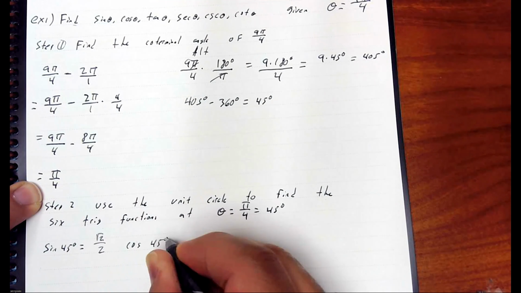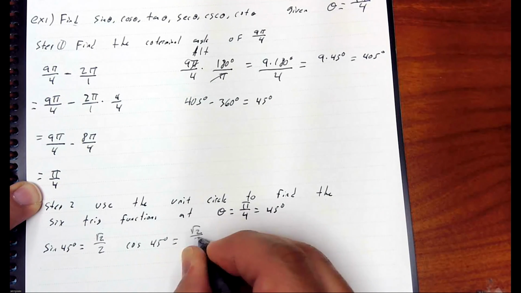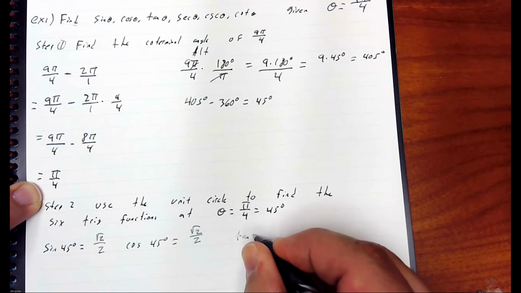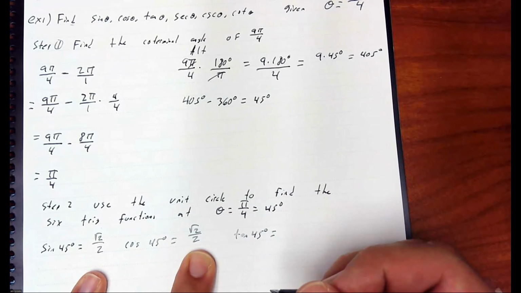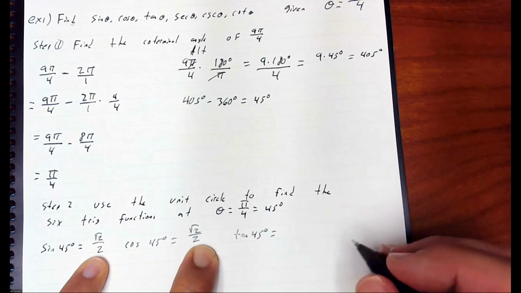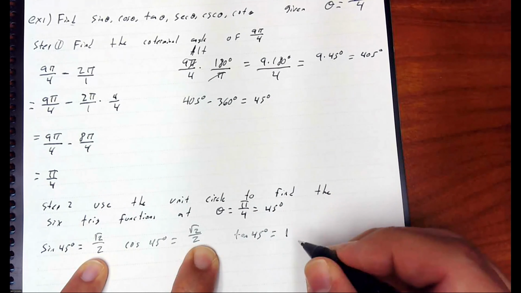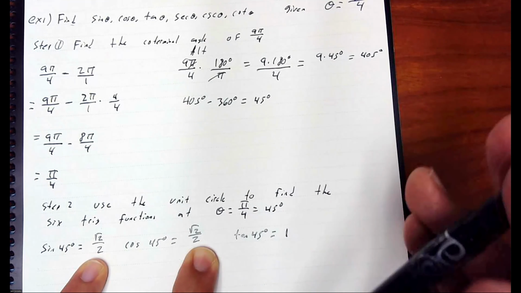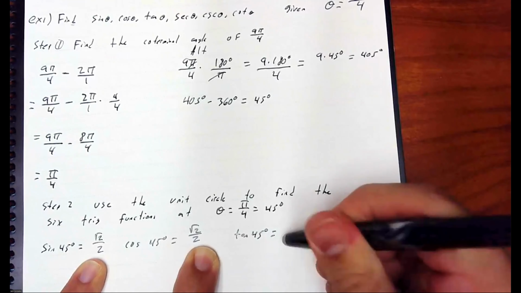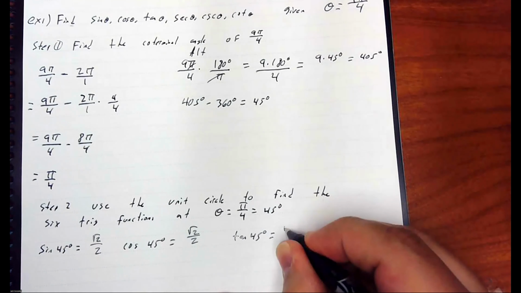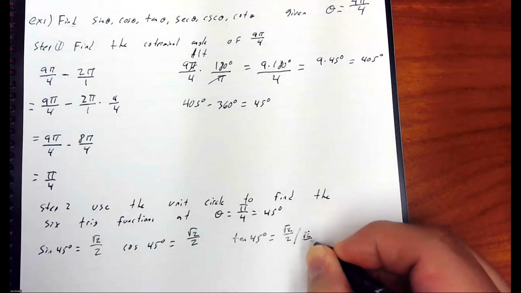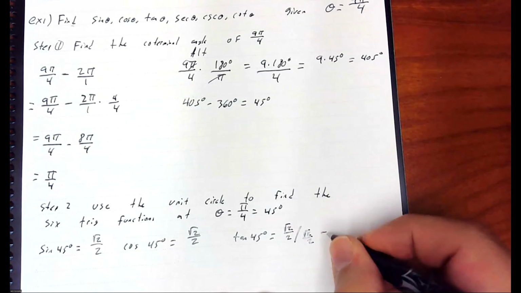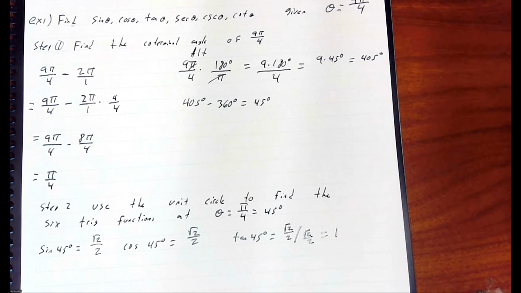Cosine 45, we said is the same thing. Tangent at 45 will be the quotient of this one divided by this one. If you divide the same thing, well, that's equal to 1, right? Now, if we show the work, you would have this. Right? Nothing crazy.